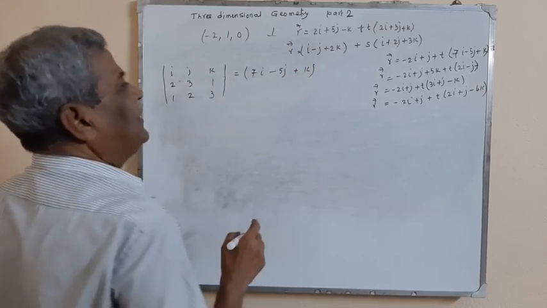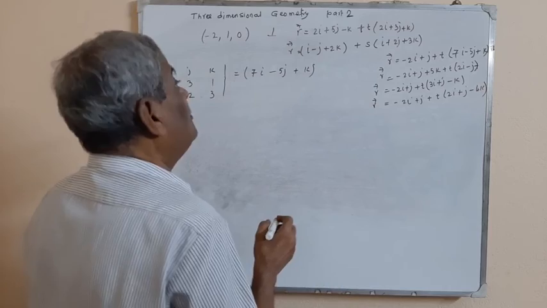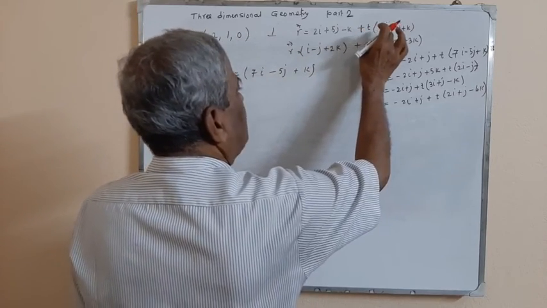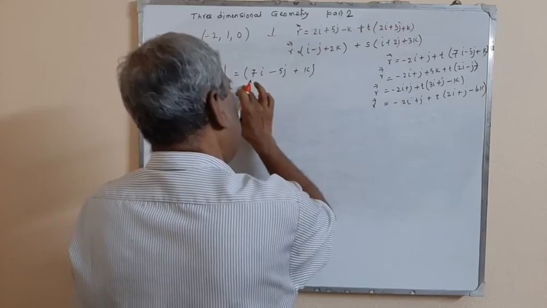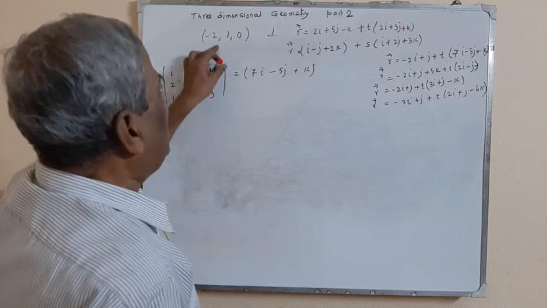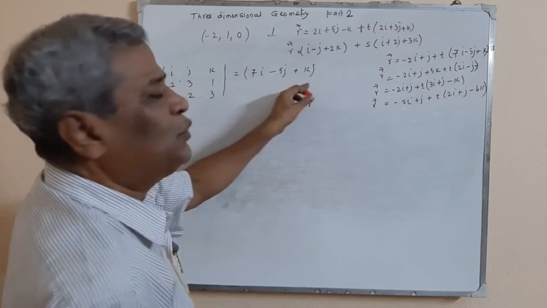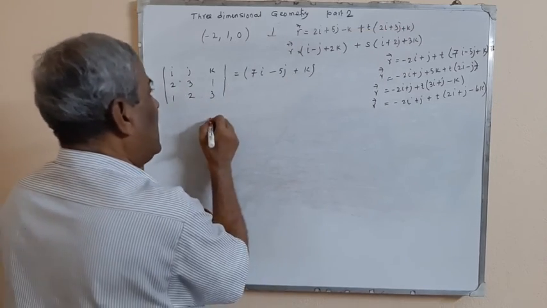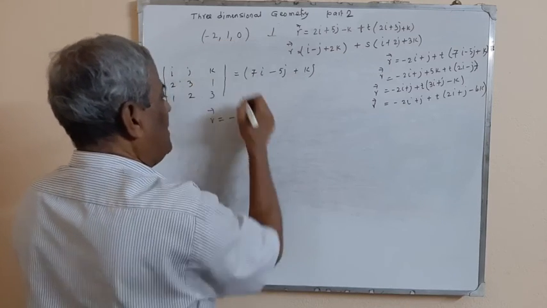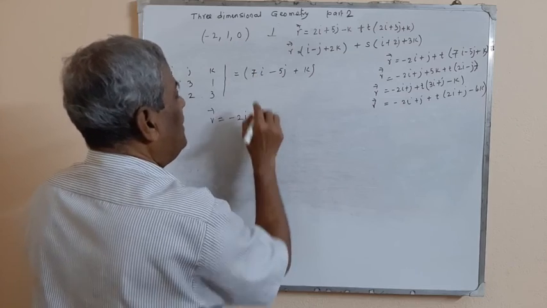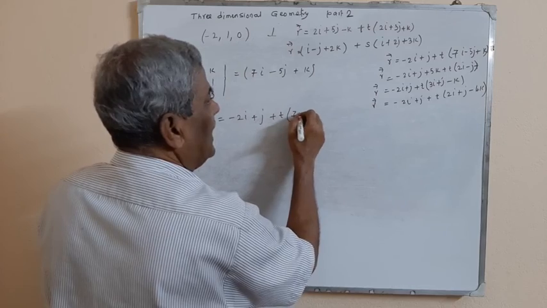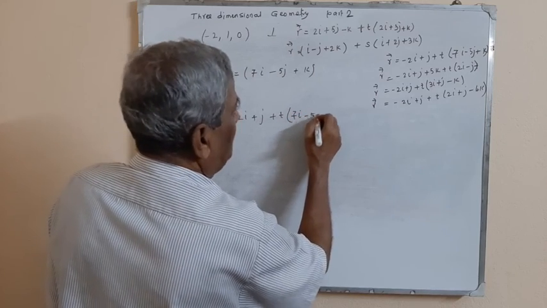That means the straight line which is perpendicular to both is parallel to this. So our required straight line passes through this point and is parallel to that: r is equal to minus 2i plus 1j plus 0k plus t times (7i minus 5j plus k).